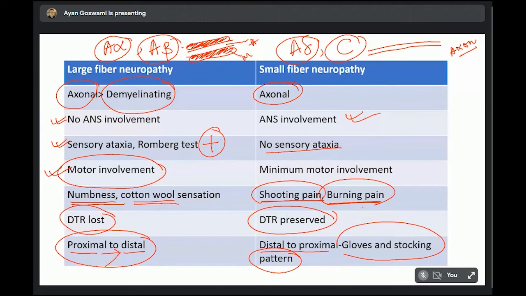I guess you are not understanding because I am not giving you any example of a disease. The most common disease I can give as an example is diabetes.